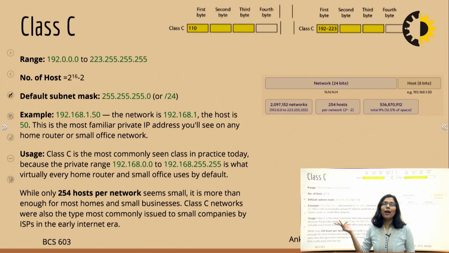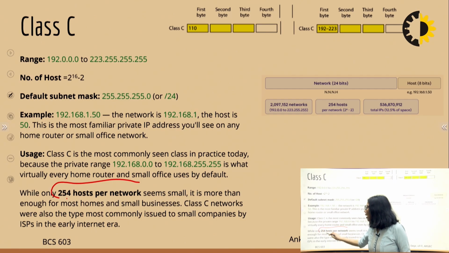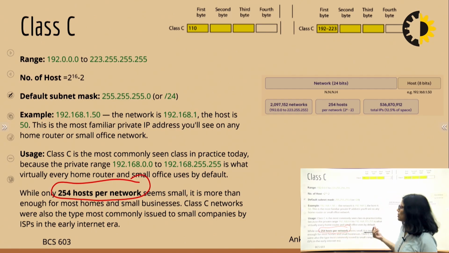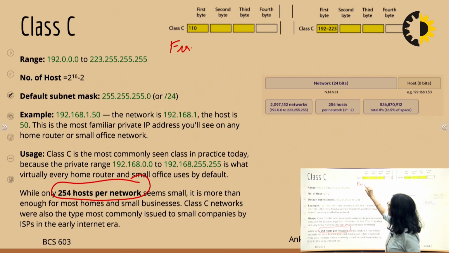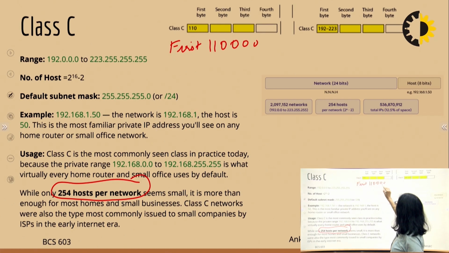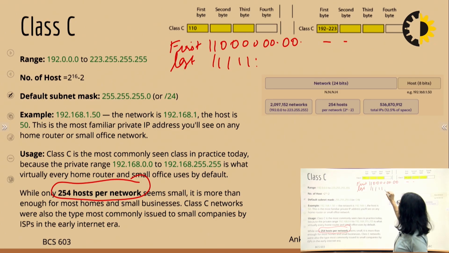When I talk about class C, we have only 254 hosts per network. This is very small for even small businesses. So here also, the first address will be like this, and the last will be like this, and so on.